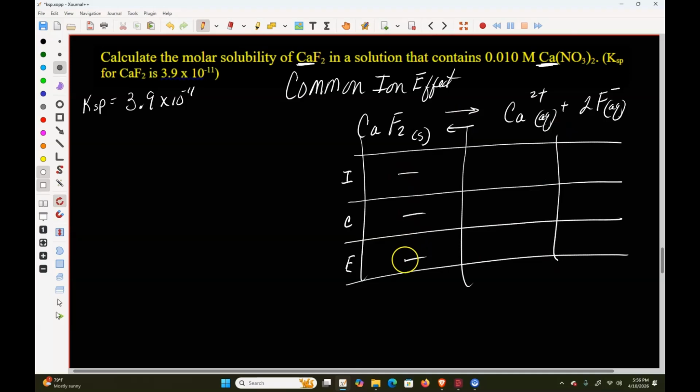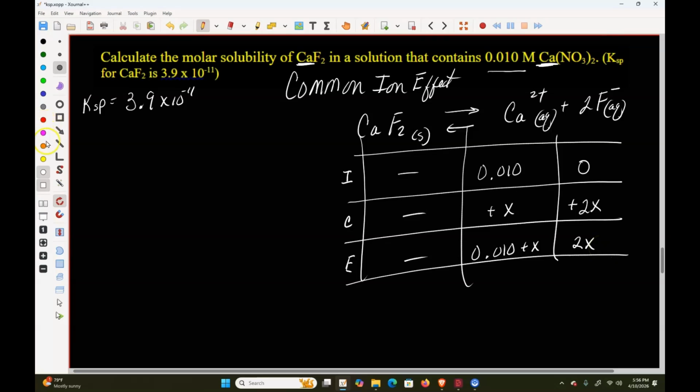Since this is a solid, we can ignore it. All right, my initial calcium will be 0.010. I have no fluoride. We're going to be gaining X, gaining 2X. So this is going to be 0.010 plus X and 2X.